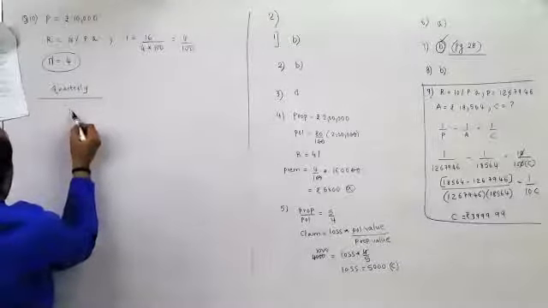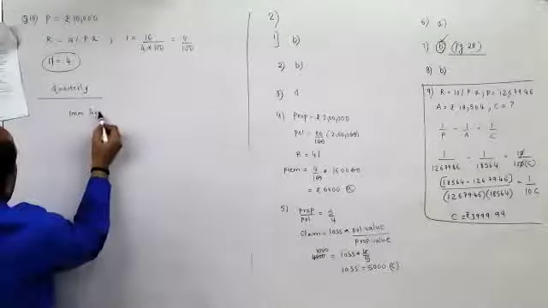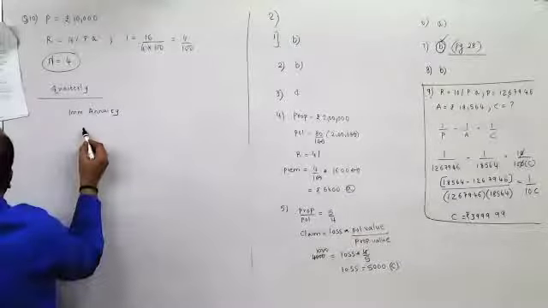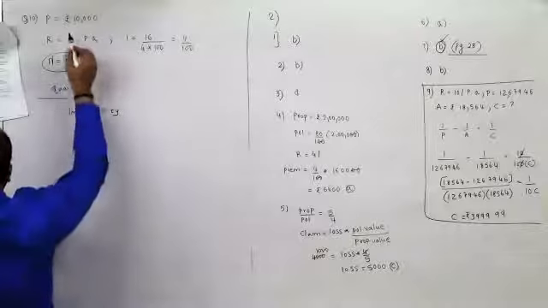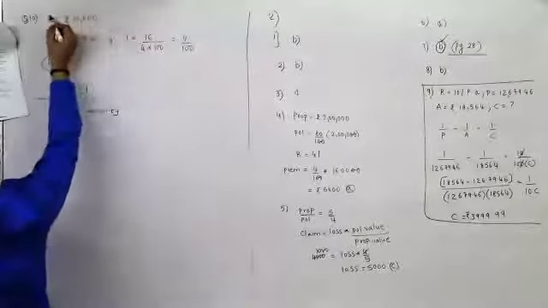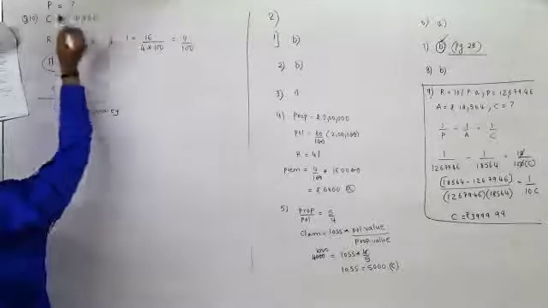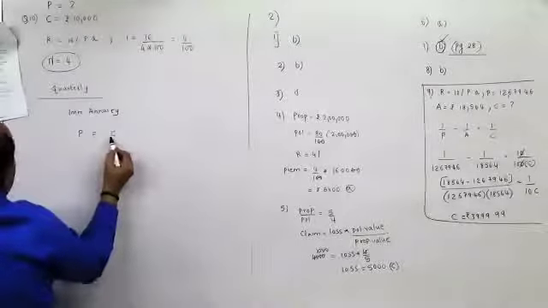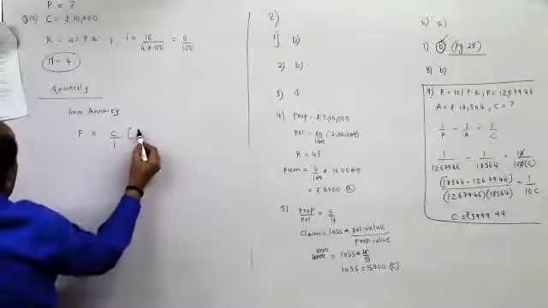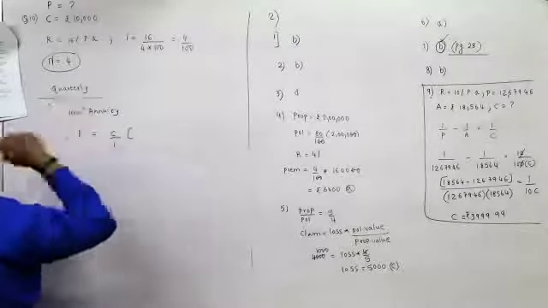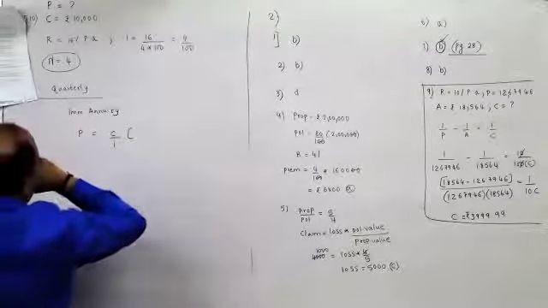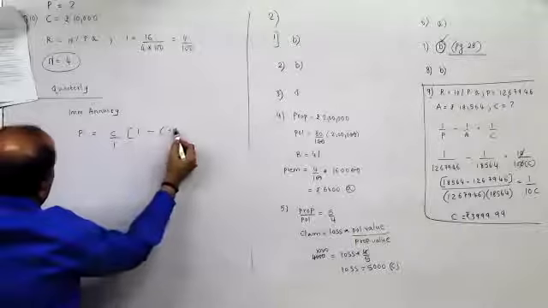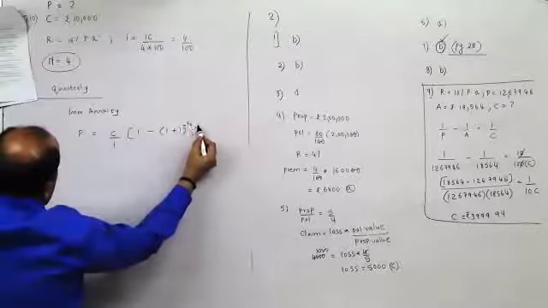Now, immediate annuity. Since it is an immediate annuity, what is P given by? Sorry, the present value has to be found when C is 10,000. So here P is C upon I into 1 plus. Now, if I use the other formula, 1 minus 1 plus I raised to minus n, they should have given this value.